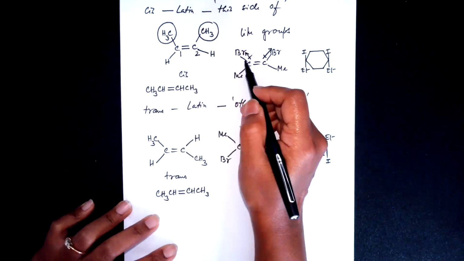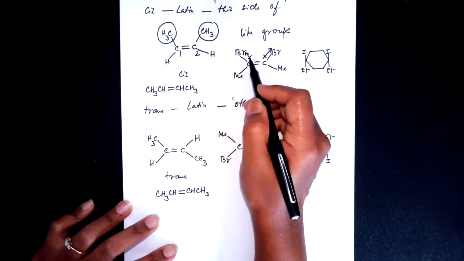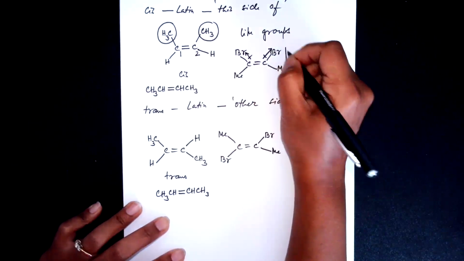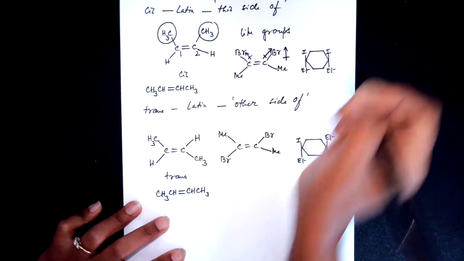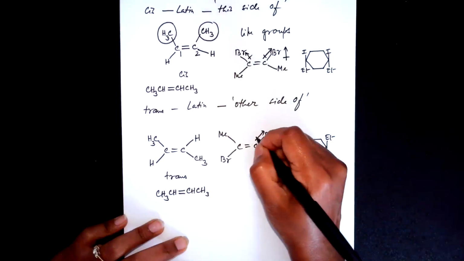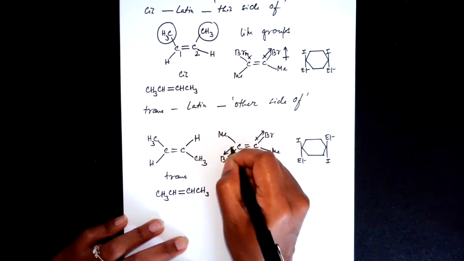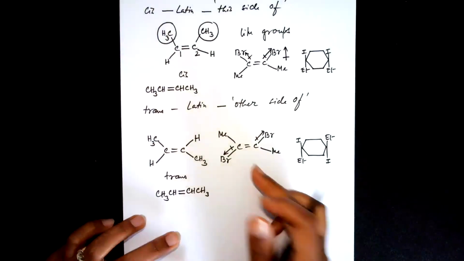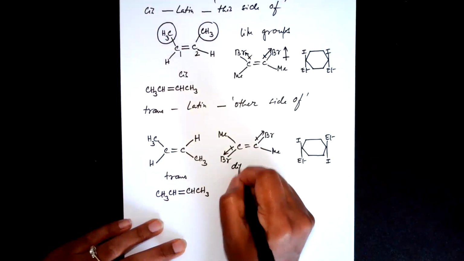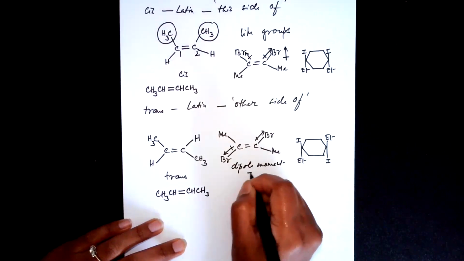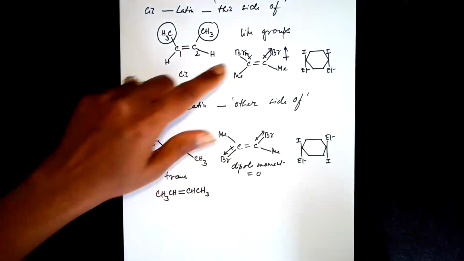So yes, these electrons are shared, but bromine is pulling more. So for this molecule, I have a net dipole moment that's in that direction. For the trans form, I actually have these dipole moments that are equal, but opposite in direction. So for this, the dipole moment should cancel out and be 0, which is not true for that one.